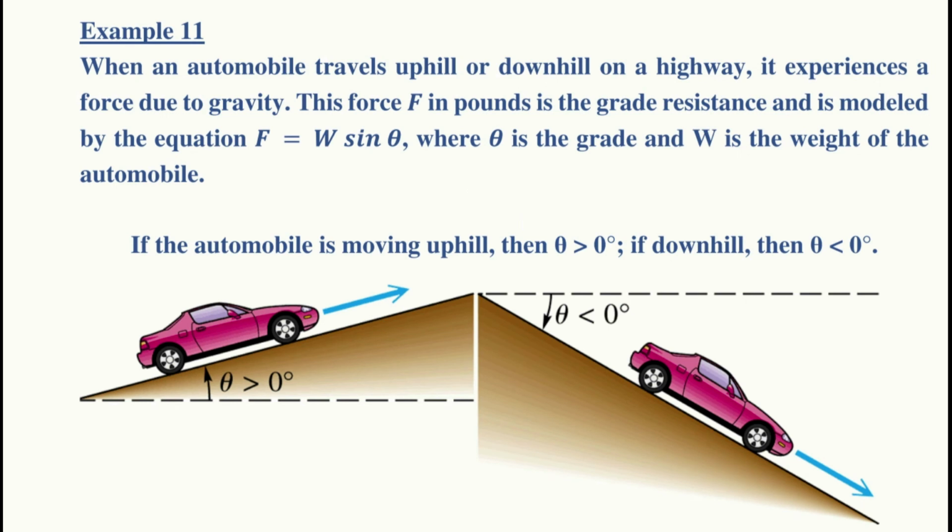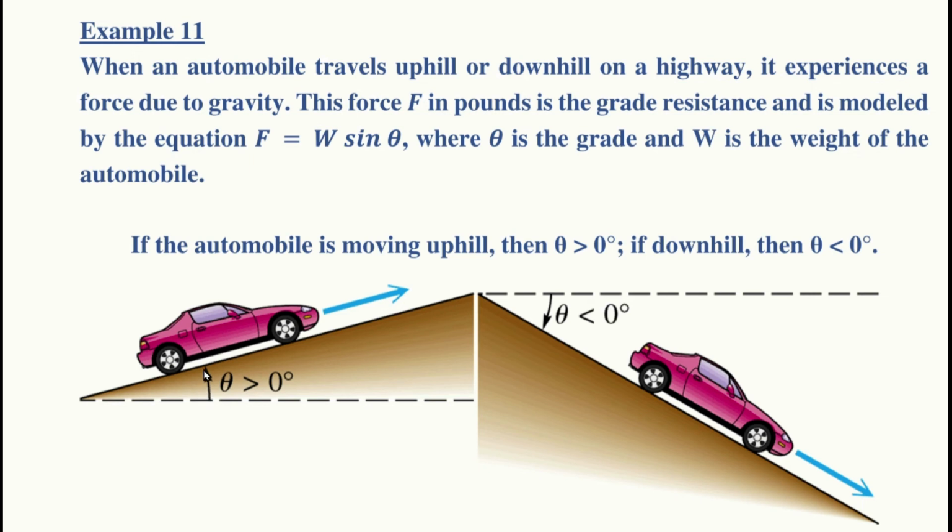All right, so in this example, we notice that when an automobile travels uphill or downhill on a highway, it experiences a force due to gravity. This force F in pounds is the grade resistance and is modeled by the equation F equals W sine theta, where theta is the grade and W is the weight of the automobile.